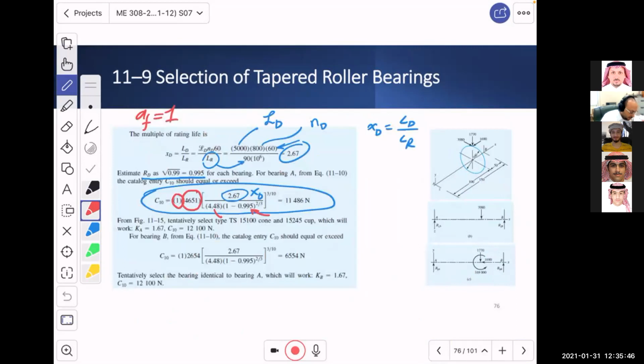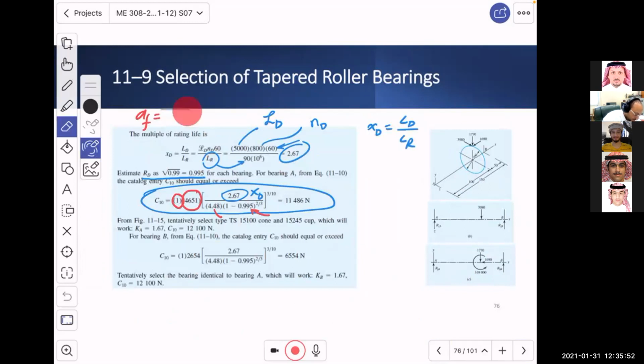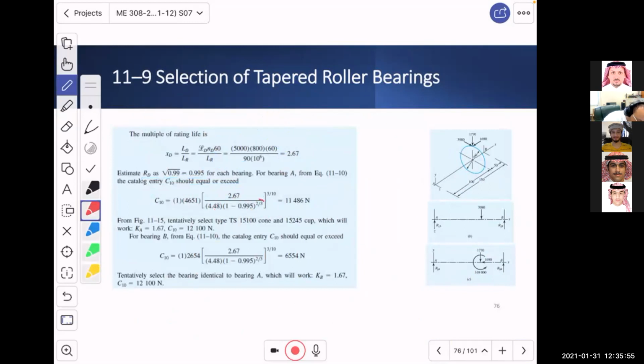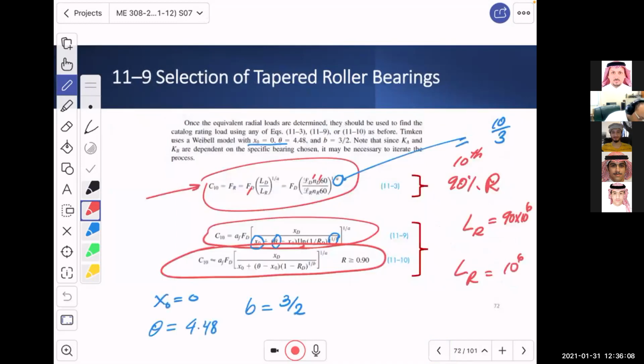And then I need to clean the board over here. What is this? 2/3, which is the Weibull distribution of what? Look, the Weibull distribution over here is 3/2, but because we have 1/b, it became 2/3.